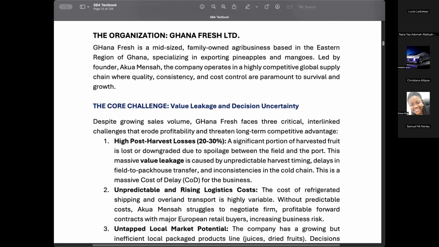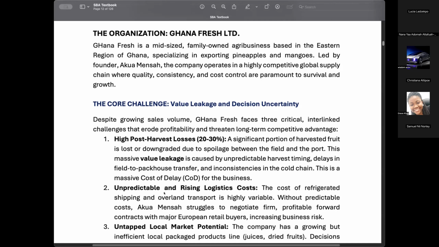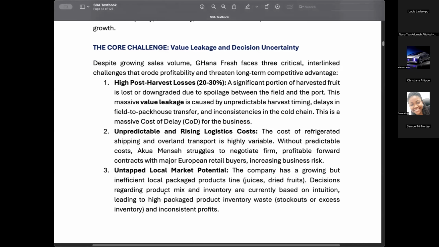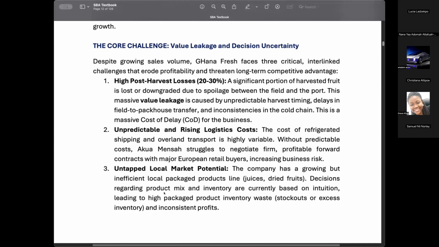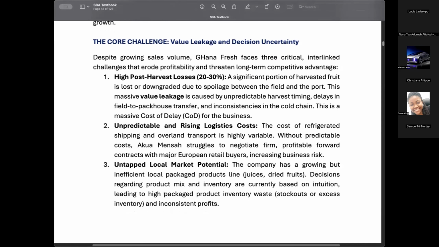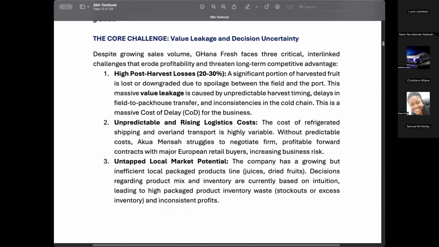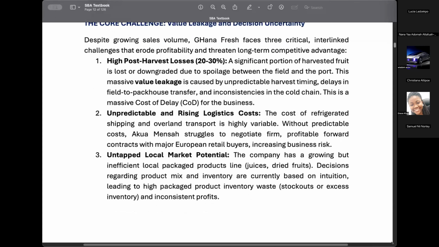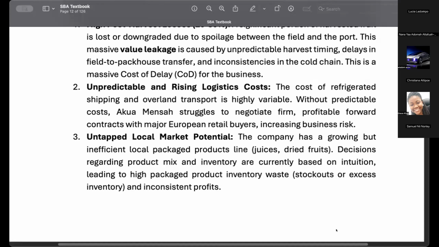2. Unpredictable and rising logistics costs. The cost of refrigerated shipping and overland transport is highly variable. Without predictable costs, Ekia Mensah struggles to negotiate firm, profitable forward contracts with major European retail buyers, thus increasing business risks. 3.